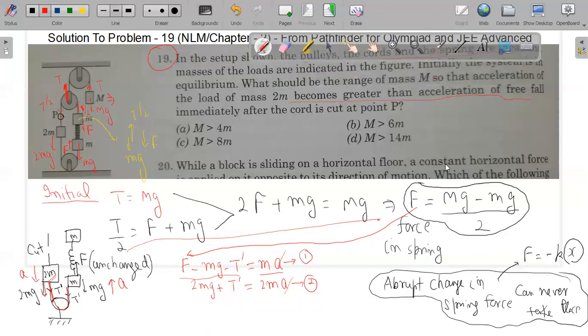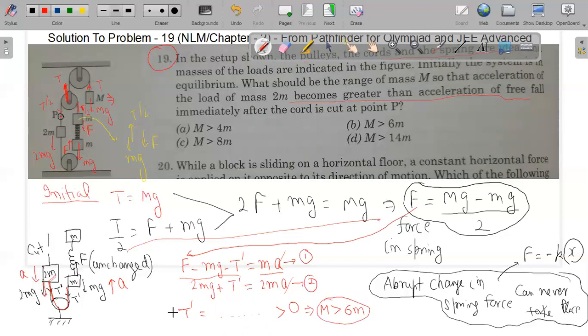Whatever value of T dash you get, you simply take it more than 0, because tension has to be a positive value. When you do this, I'm sure you will get capital M more than 6 times small m. That is the answer for this question.